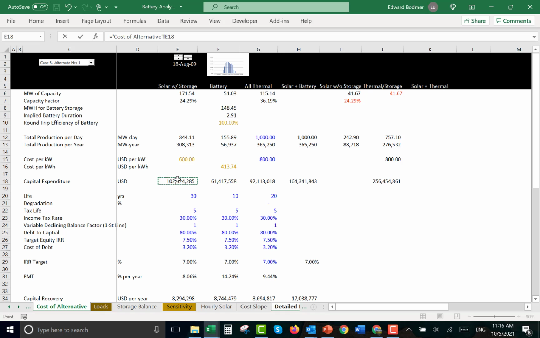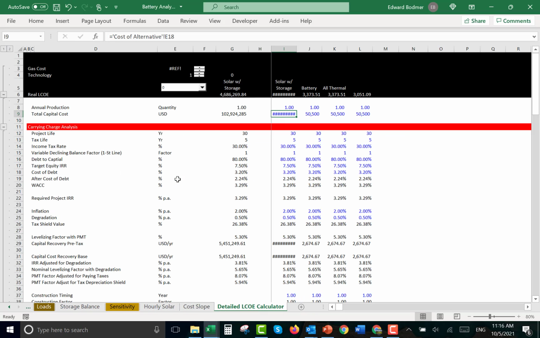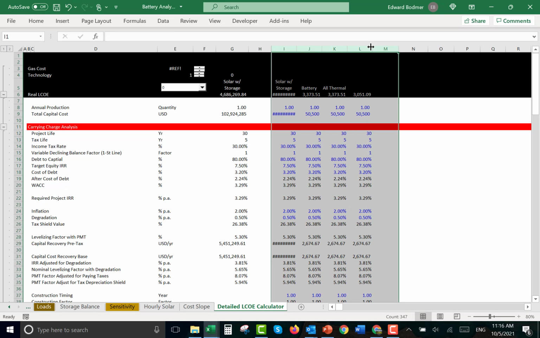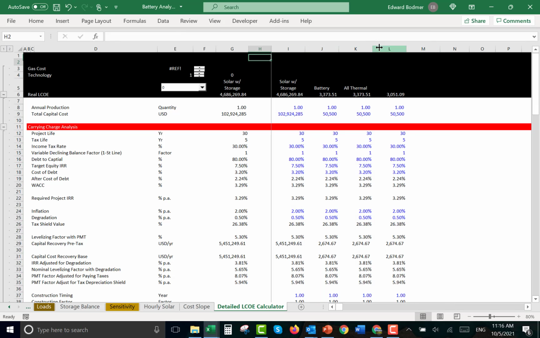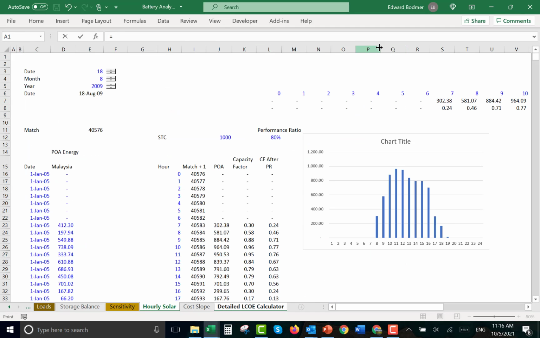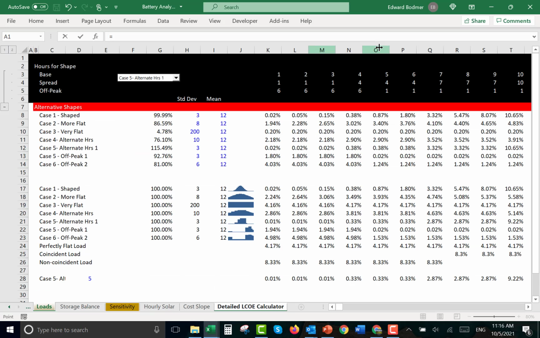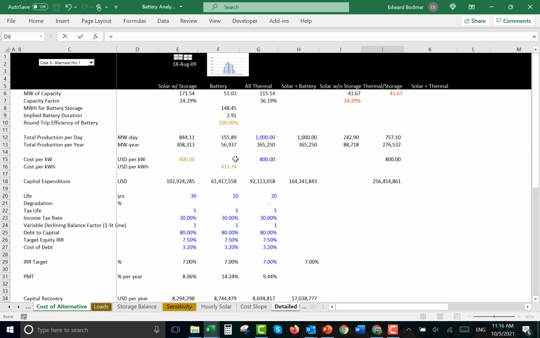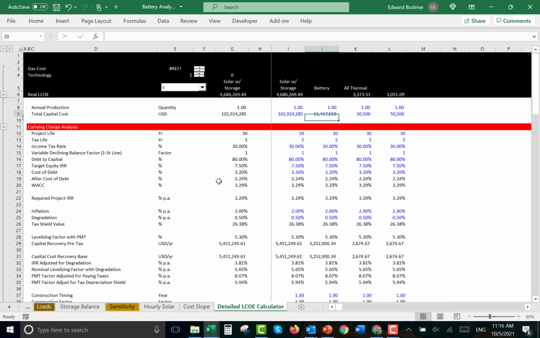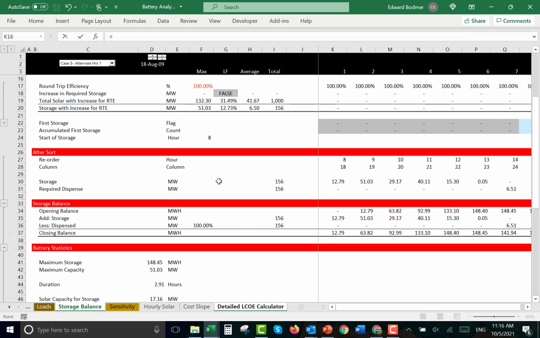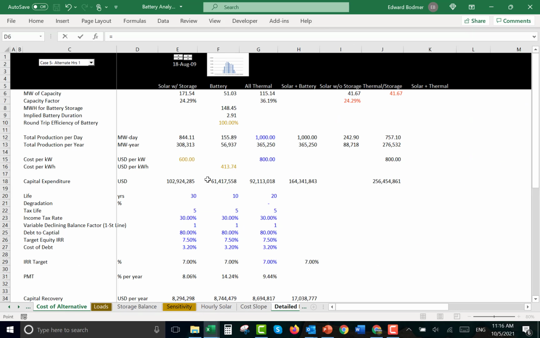So instead of going through all of this, all the capital costs, let's just put the capital cost of the solar and then the capital cost of the battery. And we're going to put the capital cost if we go all thermal here.